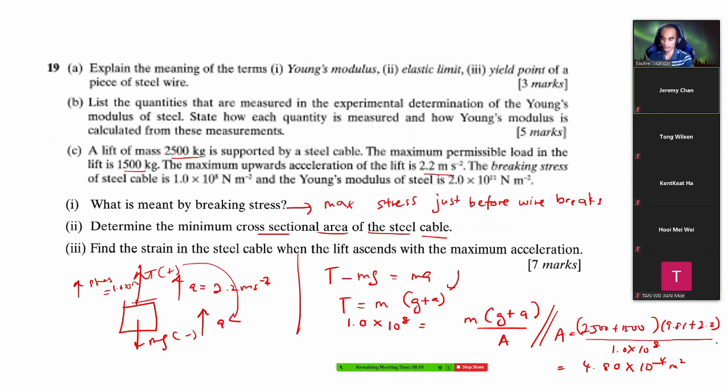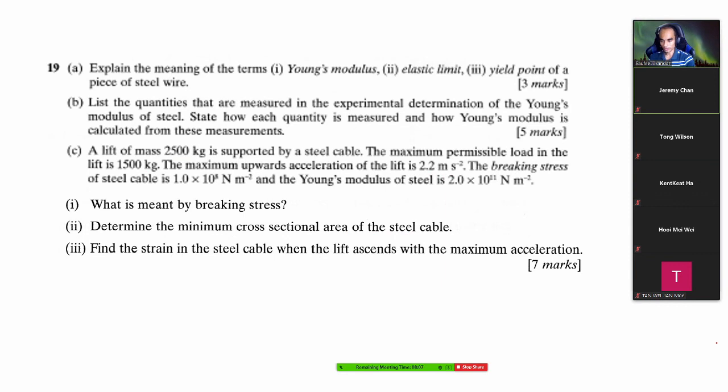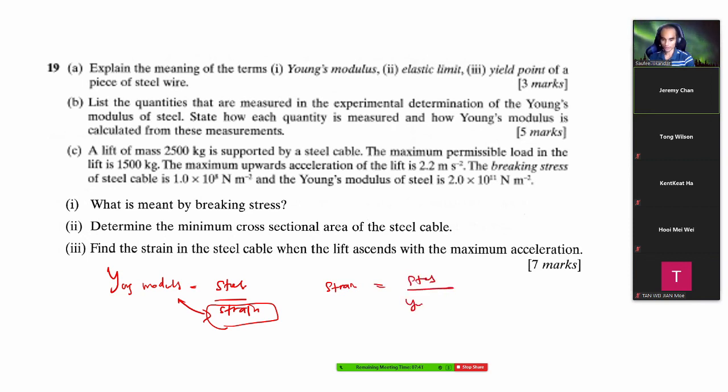Okay, so next question, find the strain in the steel cable when the lift accelerates with the maximum acceleration. So number 3, the Young modulus is equal to stress over strain. So there you can find the value of strain. You just reshuffle with the Young modulus. So strain equals stress over Young modulus.